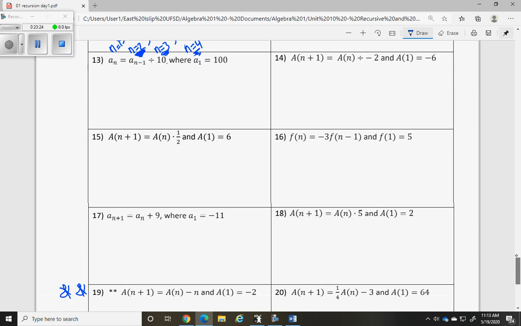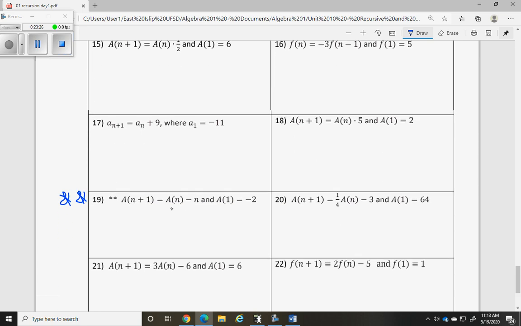On this one, this is what I know, and this is what I'm subtracting away. I'm subtracting away the term number of the thing that I know, because this is an n, and this is an n. So what I know, I'm subtracting away its own term number. So I'm going to write down what I know.